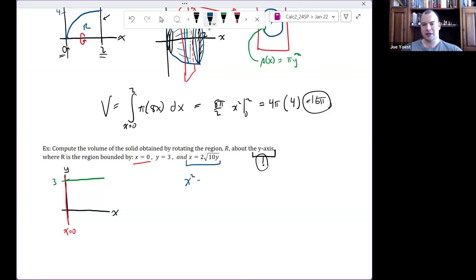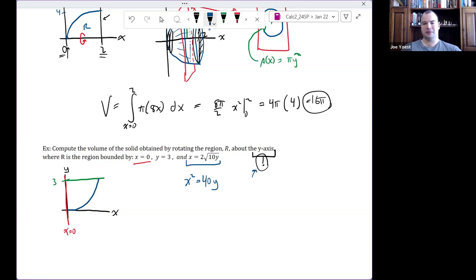This means that x squared equals 4 times 10, 40y. So this is like y equals x squared, a parabola that is opening up. So it's going to look like that.